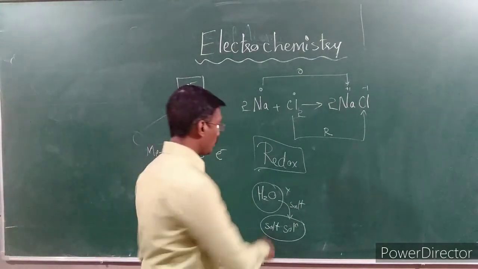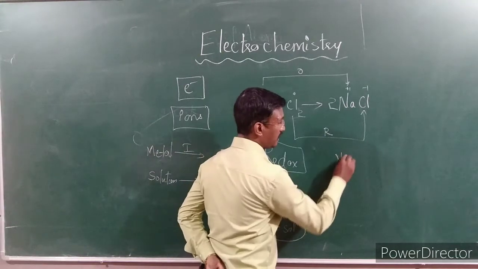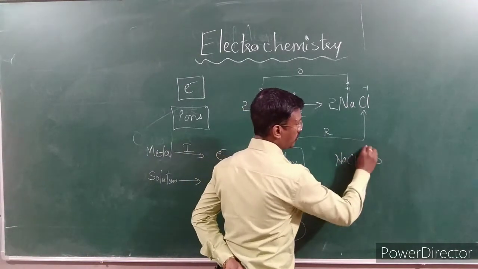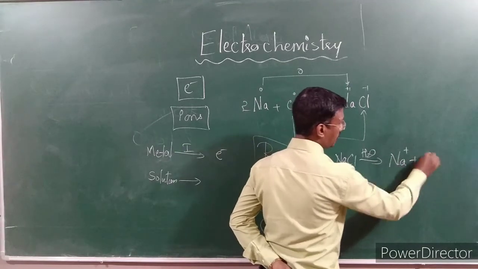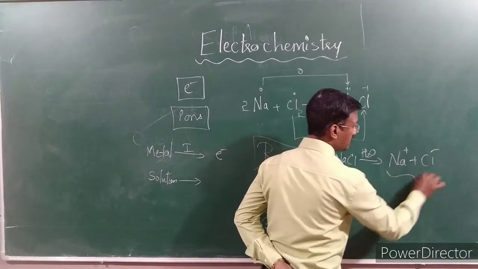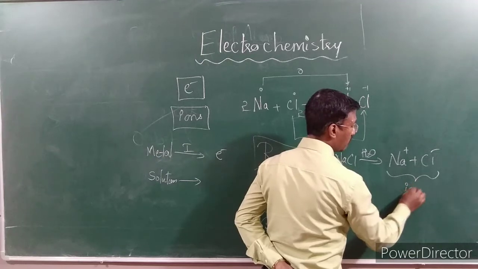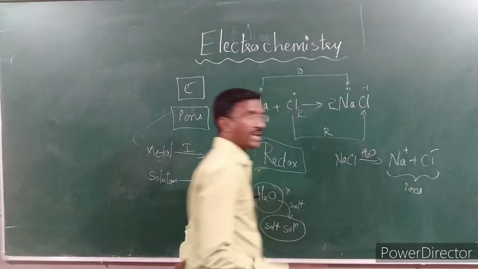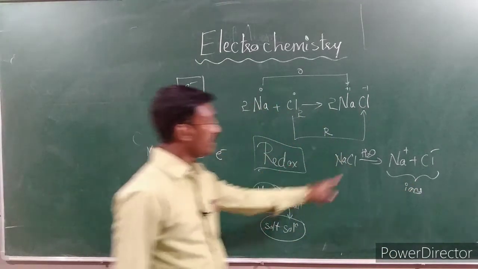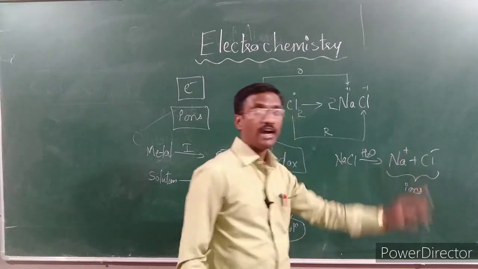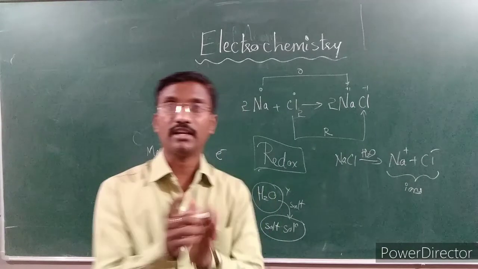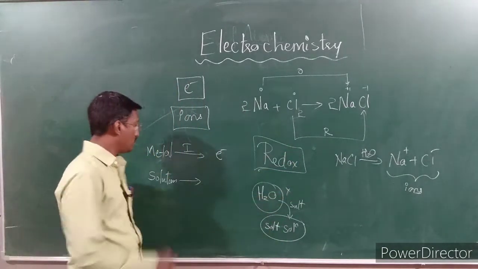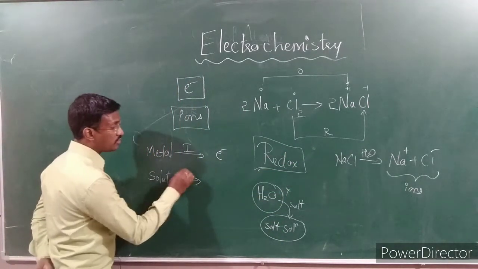When you add NaCl to the water, NaCl forms Na plus and Cl minus. Free ions are generated. Those free ions undergo migration, they undergo movement. Because of these ions, there is a generation of electricity.